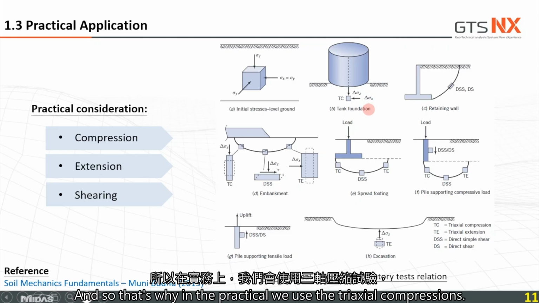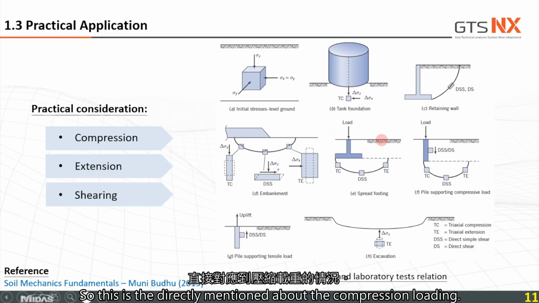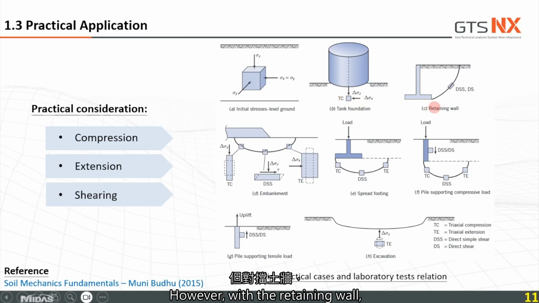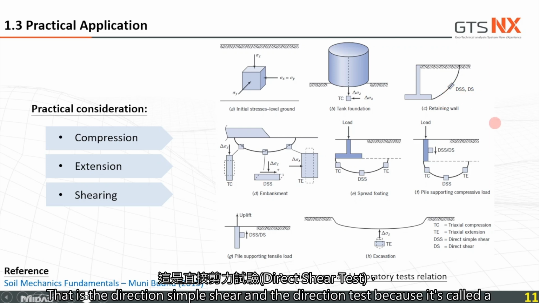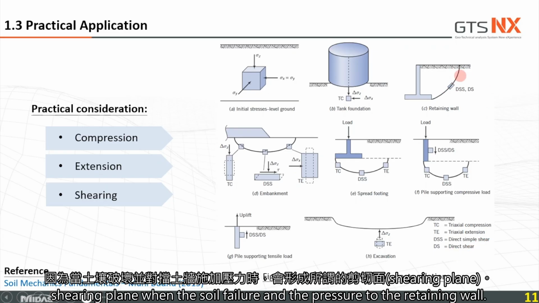That's why in practice we use triaxial compression, which directly addresses compression loading. However, with the retaining wall, we have two different test data that need to be investigated: the simple shear and the direct shear test, because it is called a shearing bend.